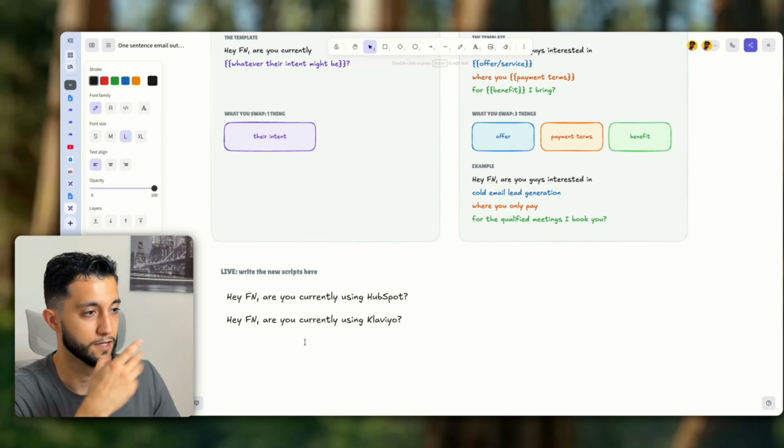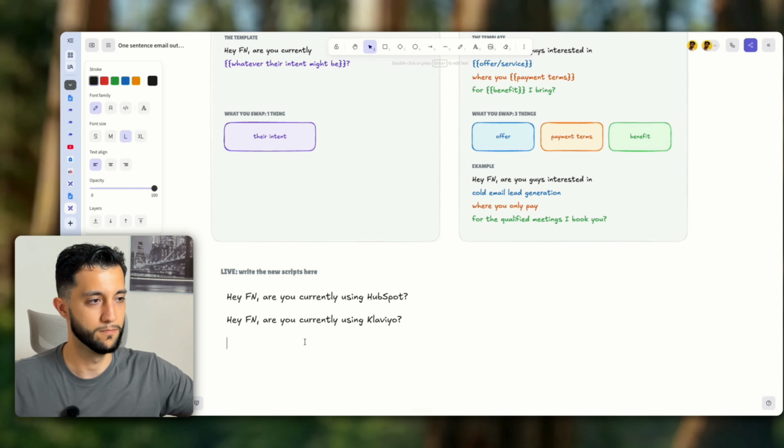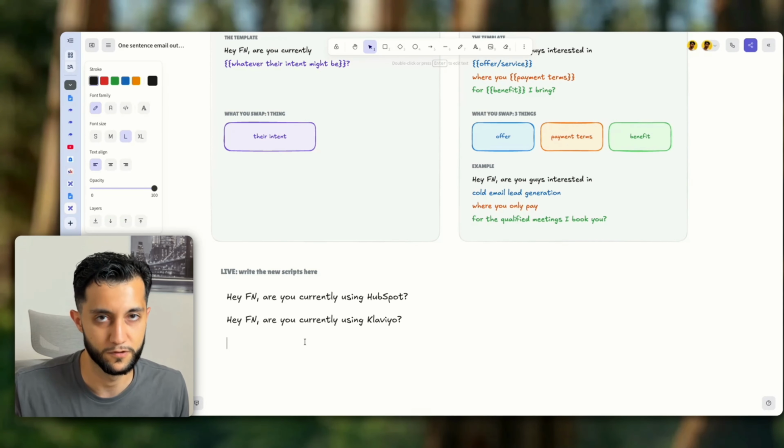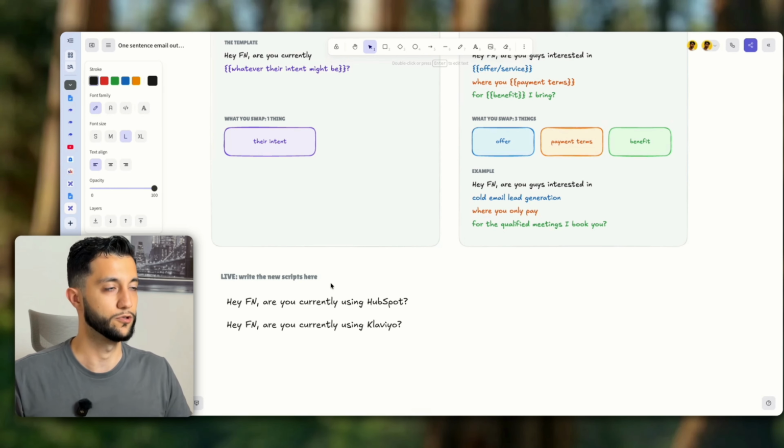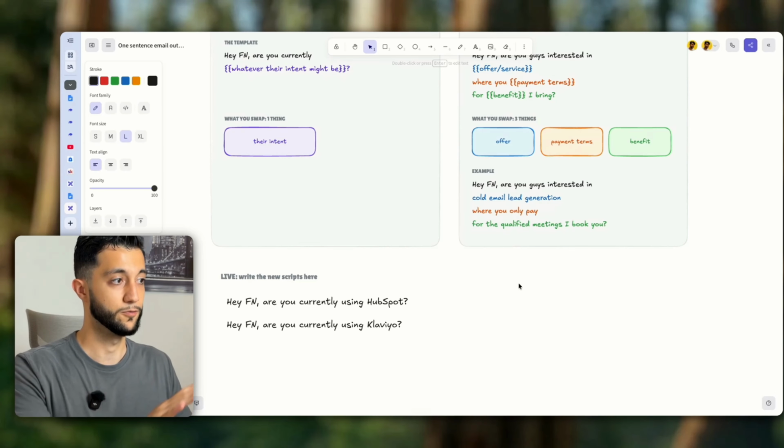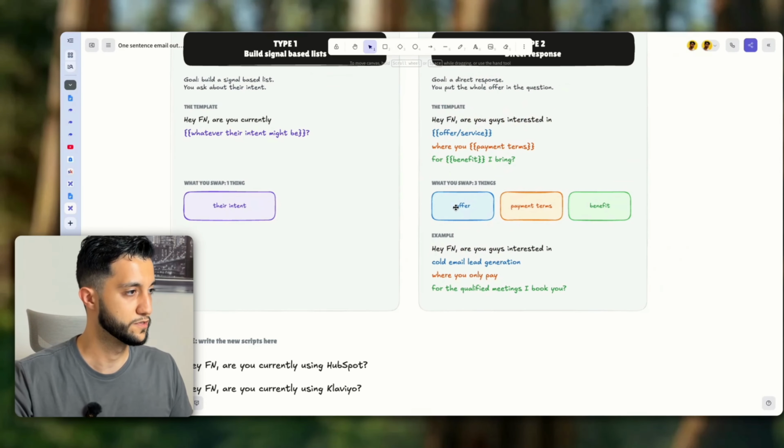So with that said, you could make permutations of this till tomorrow. There's no stopping you for these types of emails. Let's actually go over this because this is pretty interesting.